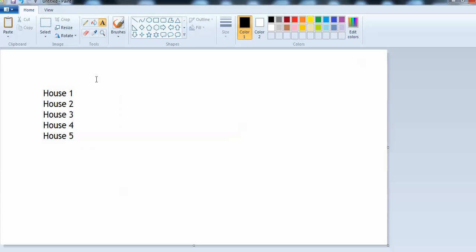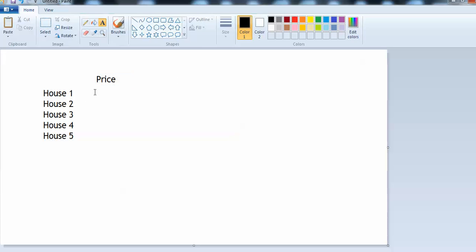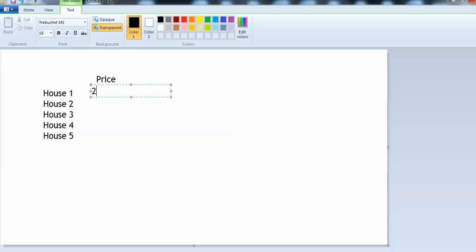So we're recording the price. So maybe this house is worth $219. Sorry. This house is worth, I'm just making up these numbers.